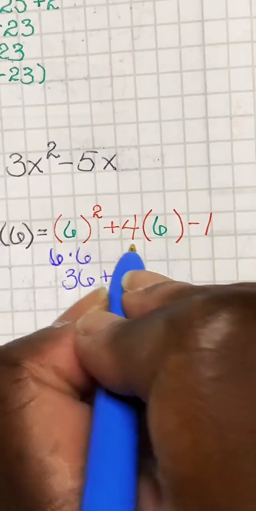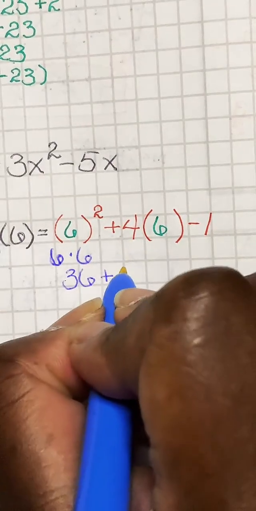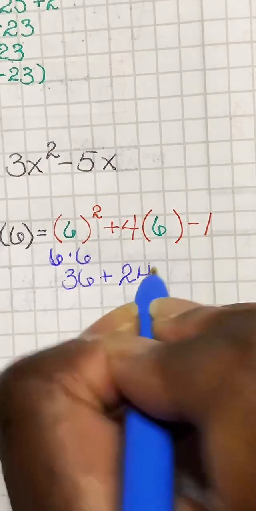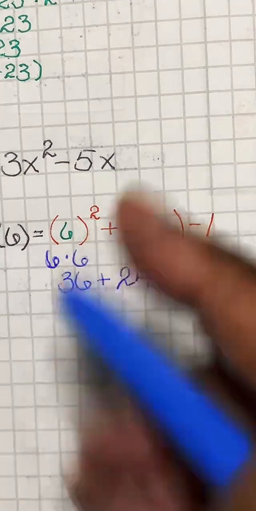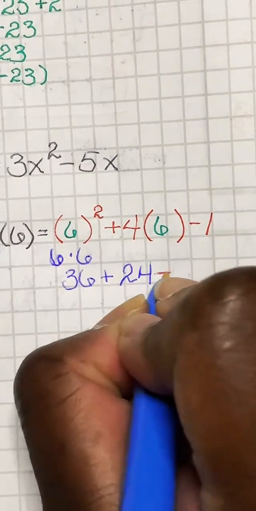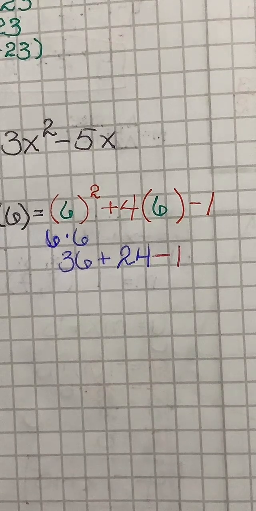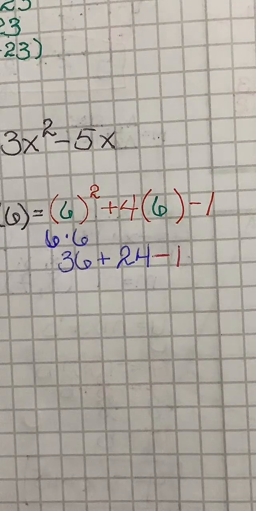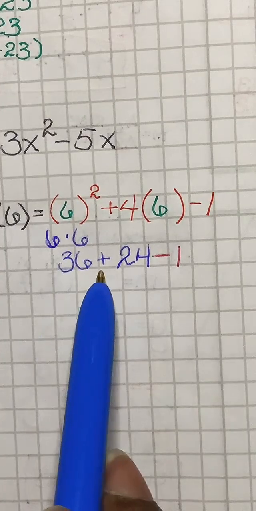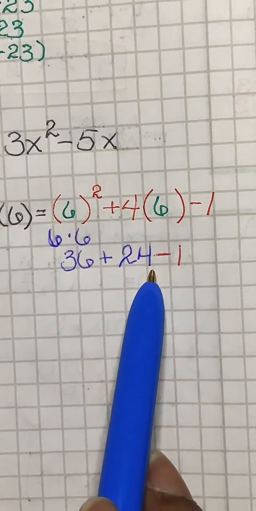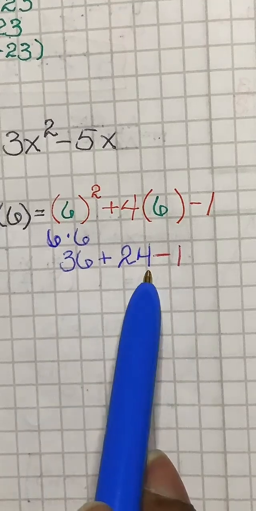Plus 4 times 6 gives me 24. Then I bring down the minus 1. So now, if I do 36 plus 24, that would give me 60.